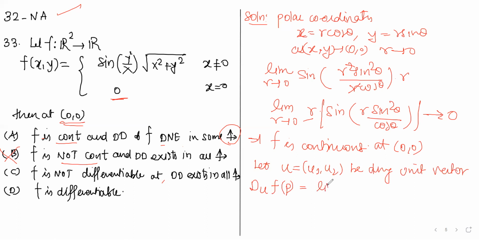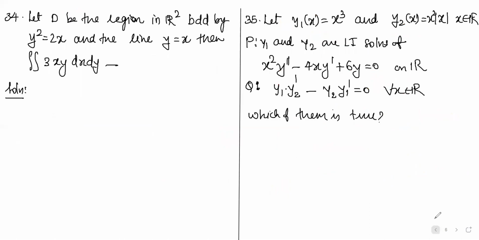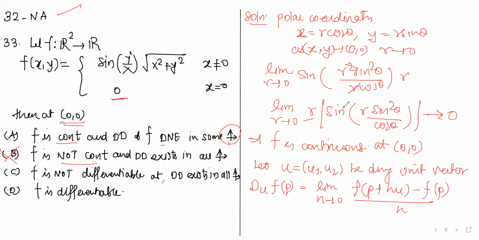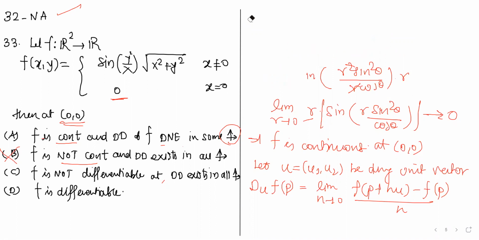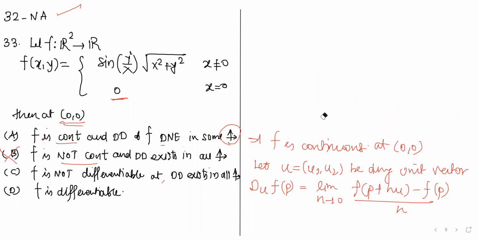The formula for this is limit h tends to 0 f of p plus h u minus f of p over h. Well, I'm short of space, so I need to erase it one by one, every step. So now let us find out this limit and see what conclusion we get. It will be limit h tends to 0 f of my point p is 0, 0 and h into u.